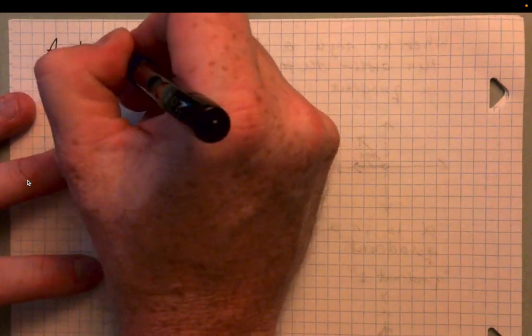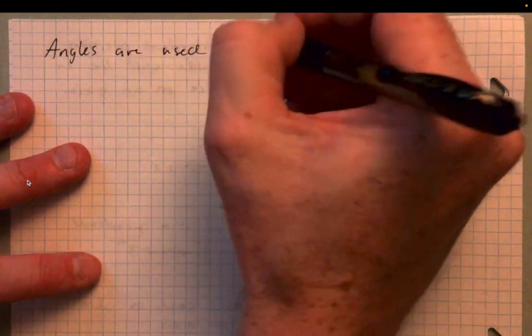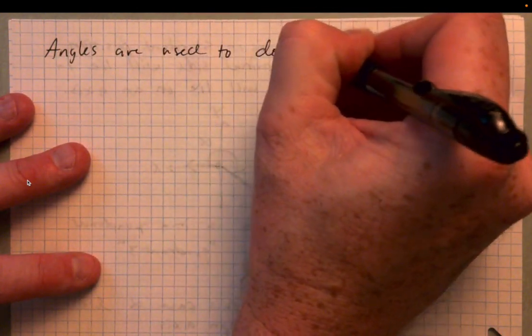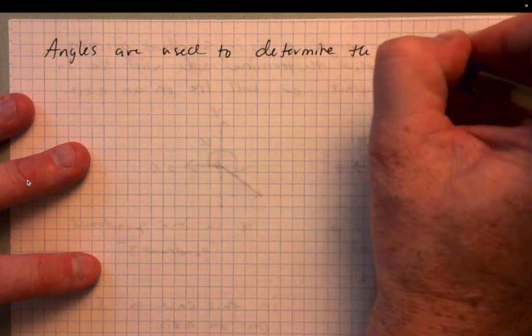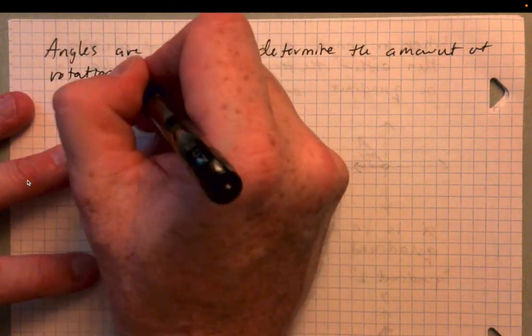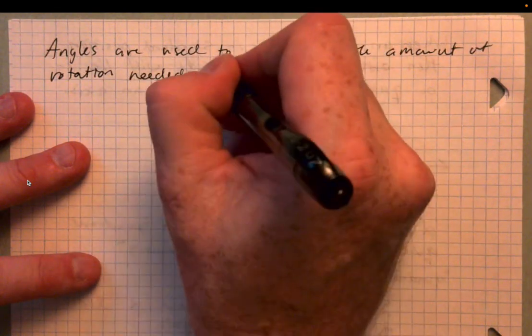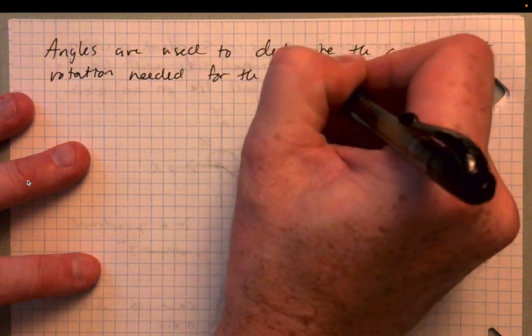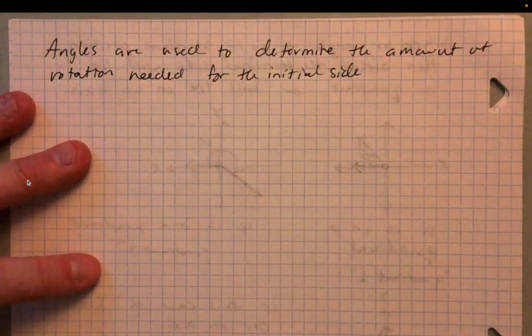A little bit of background here: angles are used to determine the amount of rotation needed for the initial side to coincide with the terminal side.